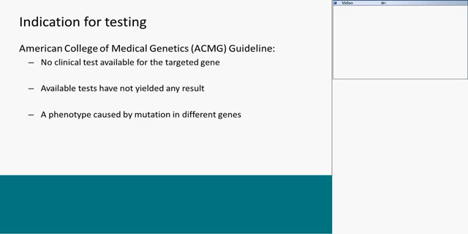Remember that there is a big difference between clinical testing and research testing. When you do a research test and you test a patient on a research basis, the lab that does the testing does not have the intrinsic control or the standardization that a laboratory that does a clinical test has.